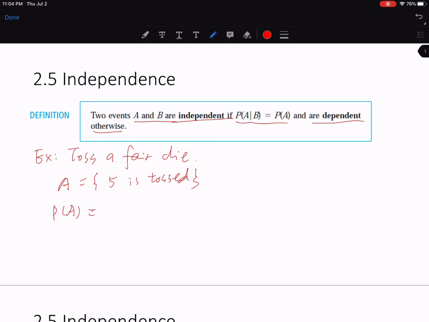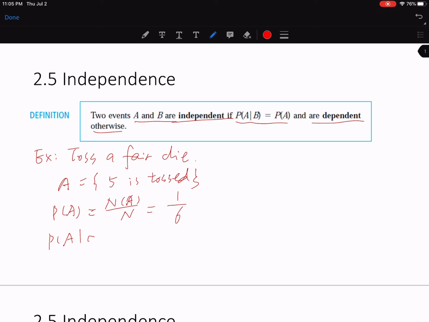Based on the formula we went over before, the probability of A is equal to the possible outcomes in event A divided by the total. Since we're tossing a fair die, we have 6 numbers in total and only one of them is 5. So the probability of A is 1 over 6.